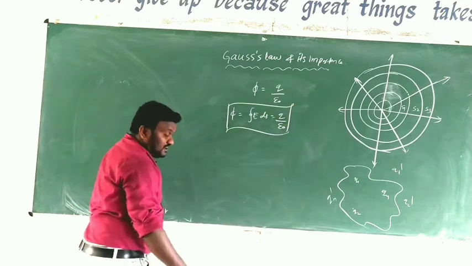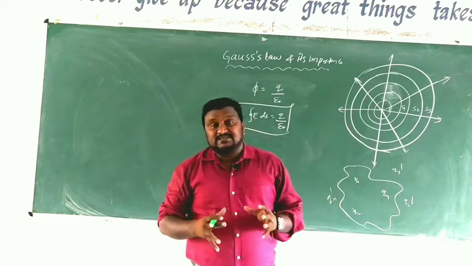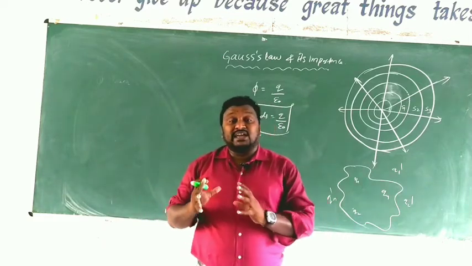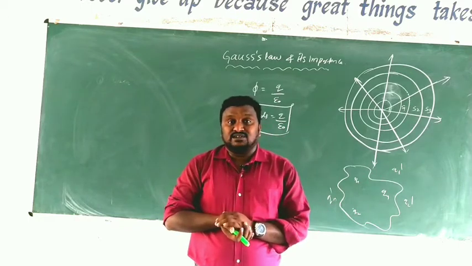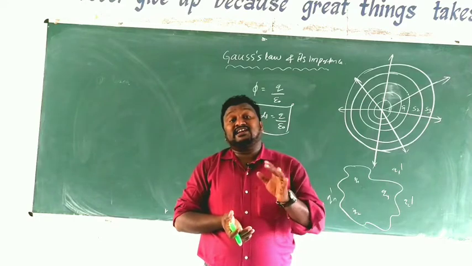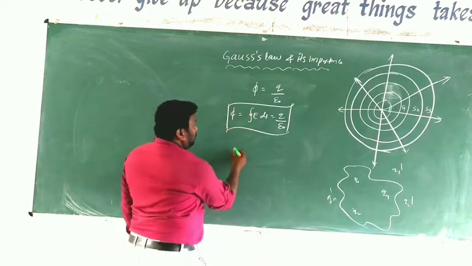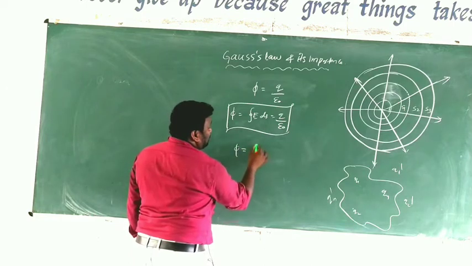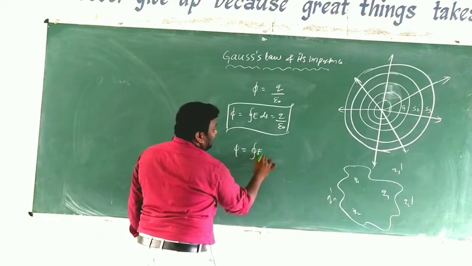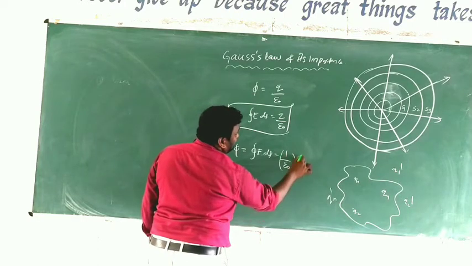The total flux through a closed surface is the net charge divided by epsilon naught. Simply I am writing now phi is equals to closed integral E dot ds is equals to 1 by epsilon naught into q.